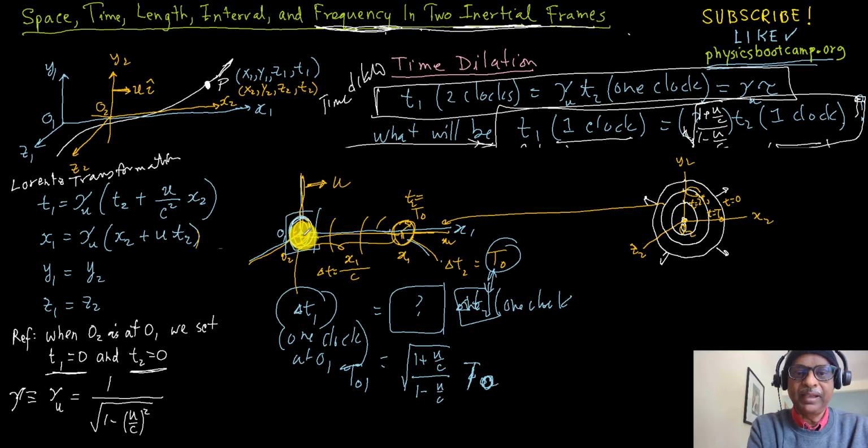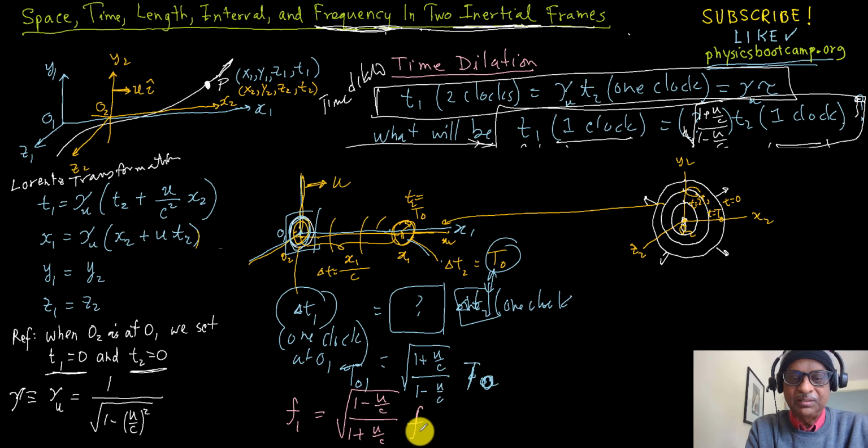The emitter is attached to the origin and is moving with the origin of the second frame. So frequency would just be the inverse of that. Frequency in 1 will be the square root of (1 minus u over c) over (1 plus u over c) times the frequency in frame 2, which is the same as the rest frame frequency.